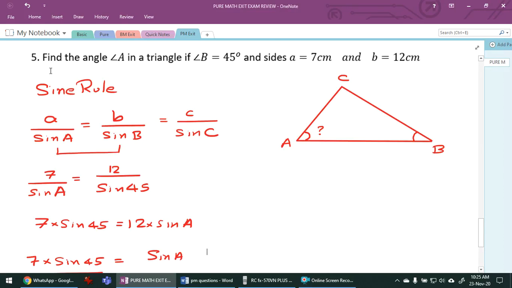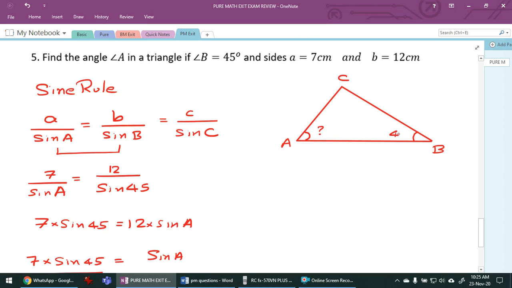Question number 5. Find the angle A in a triangle if angle B is 45 degrees and sides a equal to 7 centimeters and b equal to 12 centimeters. So this is triangle ABC. Now in this triangle we have to find angle A. Angle B is given, angle B is 45 degrees.